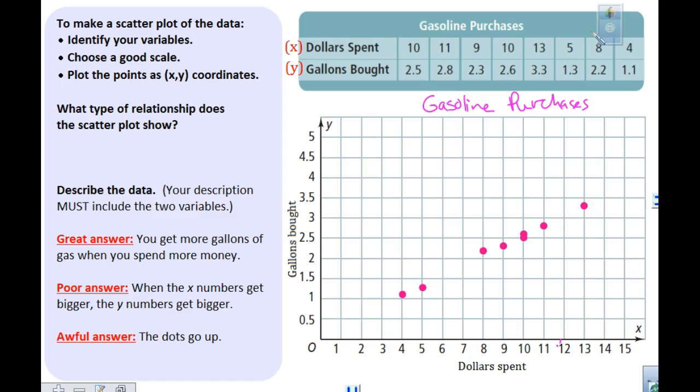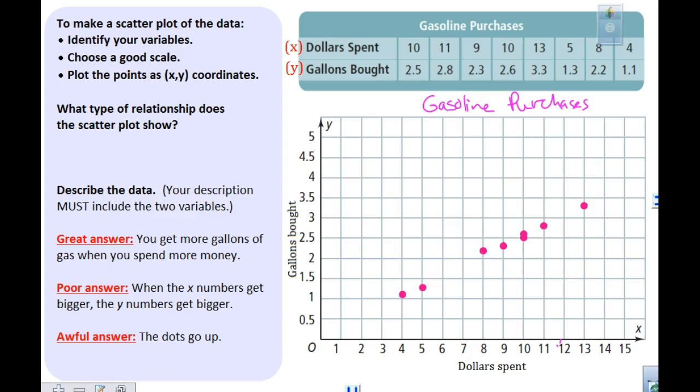You're not telling me anything about my two labels that I gave you. You're just talking about X and Y, and you're not being specific to the problem. And then, the dots go up would be one that I've had, but would not be a good answer if we are looking at you getting points on your list.